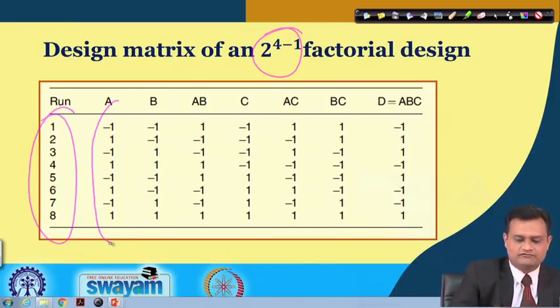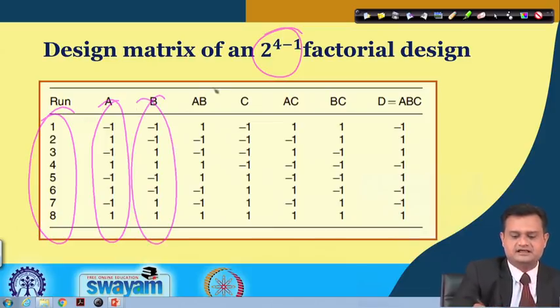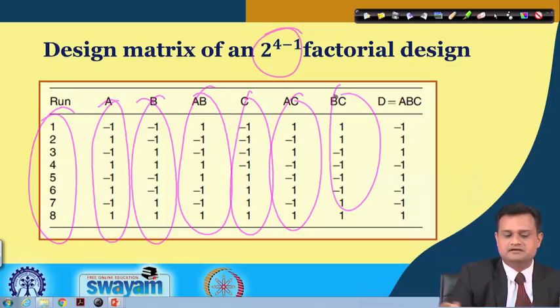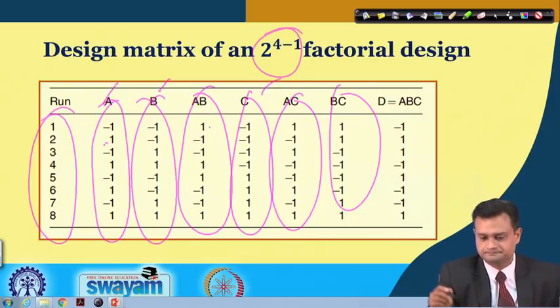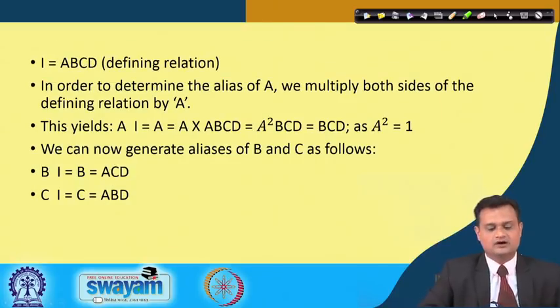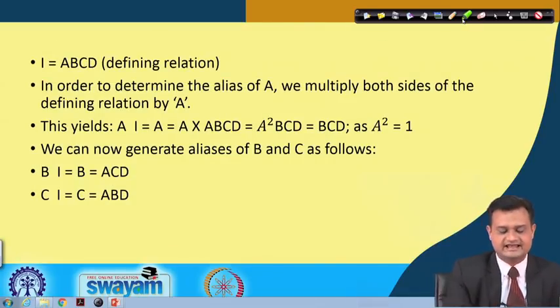See the setting of A, B, AB, C, AC, BC. Basically, once you have set A, B, C, the others are just derived by multiplication. So minus 1 into minus 1 is plus 1, plus 1 into minus 1 is minus 1, and so on. So this is the initial table. Now I am just trying to analyze the aliasing.